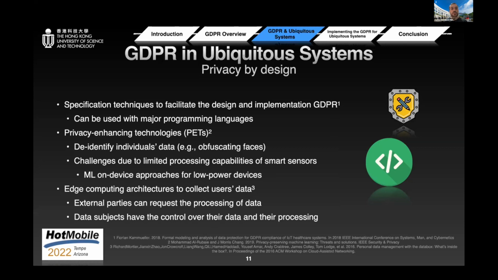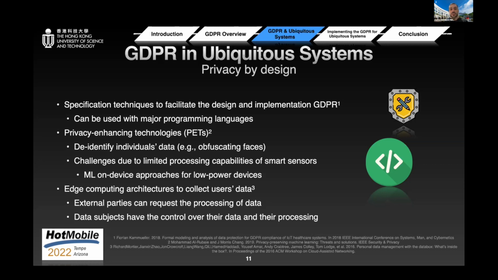Then another solution is privacy enhancing technologies. You stop collecting this personal identifiable information, such as faces. You can see the example of the previous presentation, like blurring faces already allows protecting the data and following the GDPR regulations. So it facilitates the sharing of that data if the face is blurred.